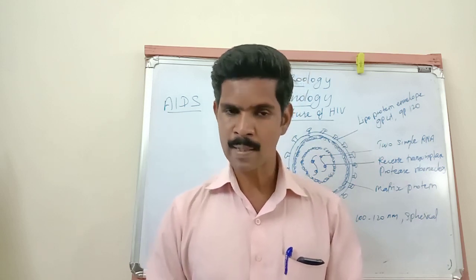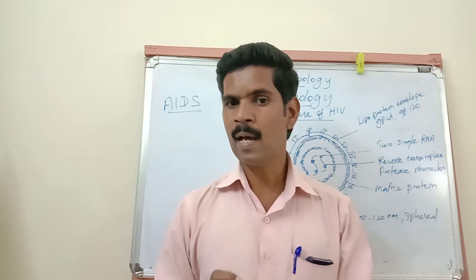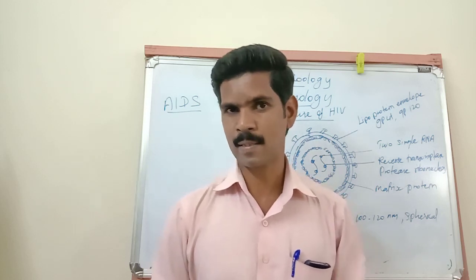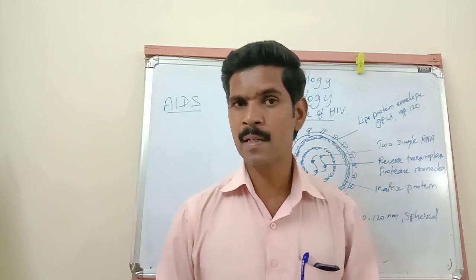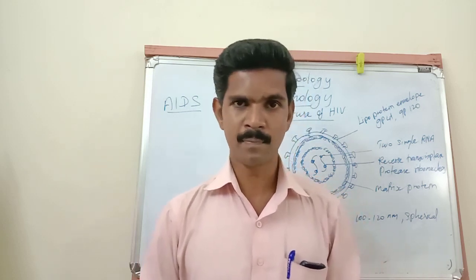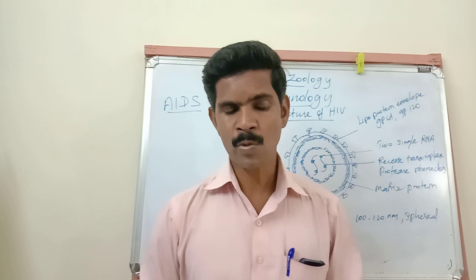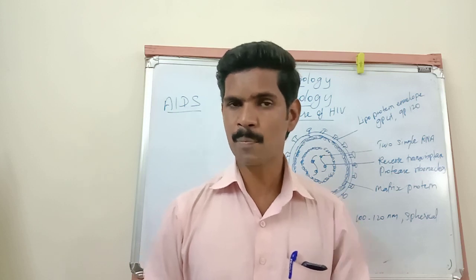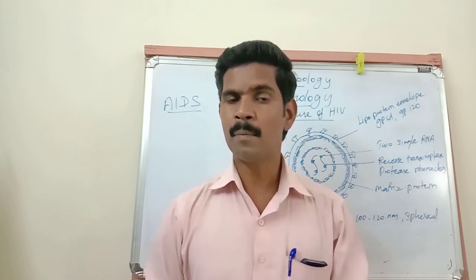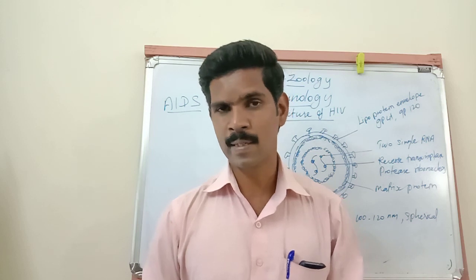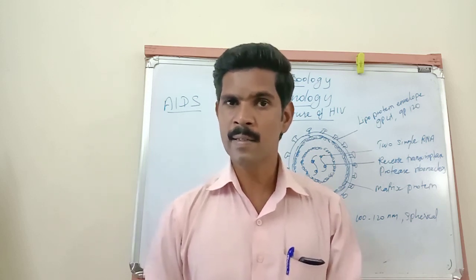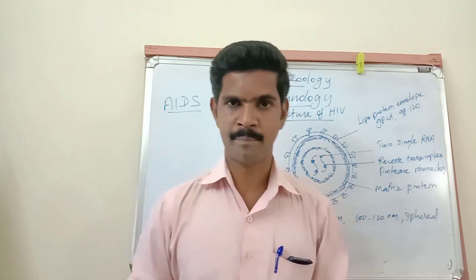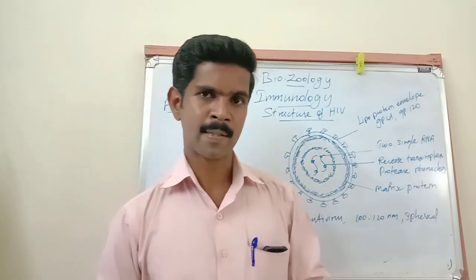This HIV virus infects and attacks the T helper cells, so the number of T helper cells is reduced. If T helper cells are not produced properly, the B cells are not stimulated, and it affects antibody production.